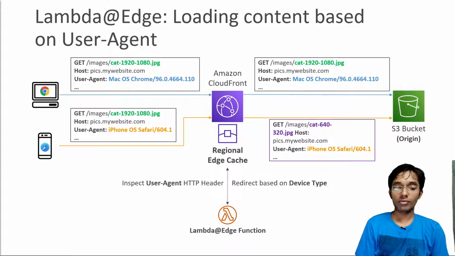Therefore, because our device is a mobile device, the image is going to be asked for from our S3 bucket, and it's going to be 640 by 320, which is a lower resolution of our cat picture, and this is the picture that will be returned by our S3 bucket to our mobile device. So the Lambda@Edge function was able to modify the request to change the target of these requests.